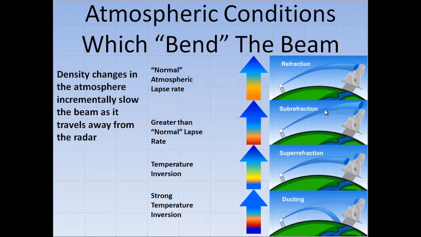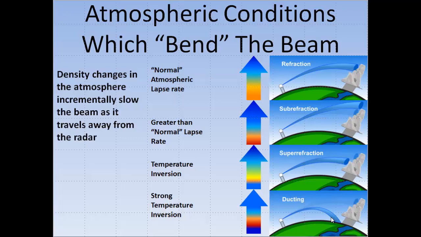When you have an inversion, the radar beam will actually bend back towards the Earth's surface, so it will actually be closer to the ground than what it would be under normal conditions. And if you have a very strong inversion, the radar beam will actually bend right back towards the ground, and you'll actually be hitting the ground with the radar beam instead of hitting your atmospheric targets.